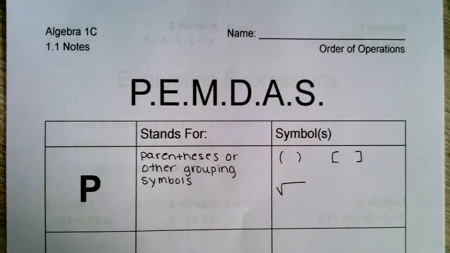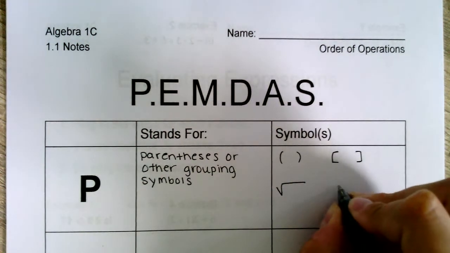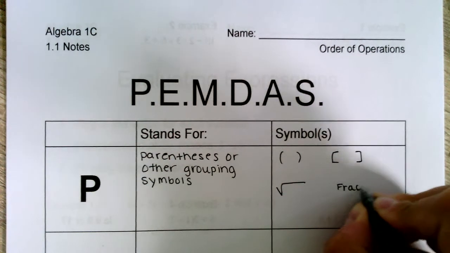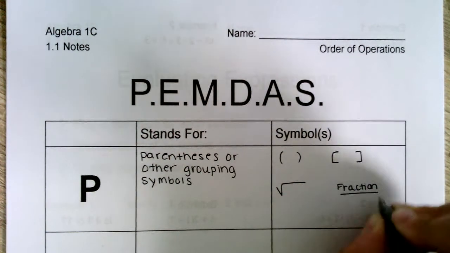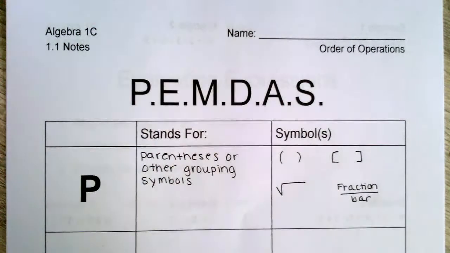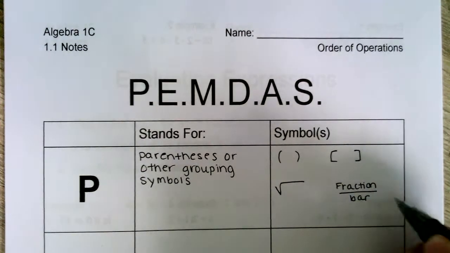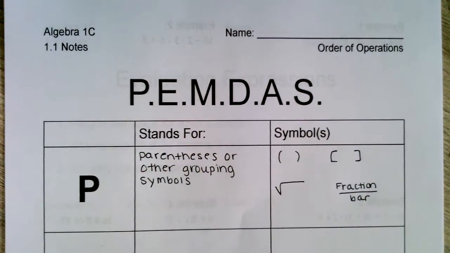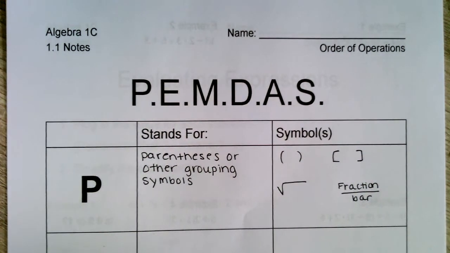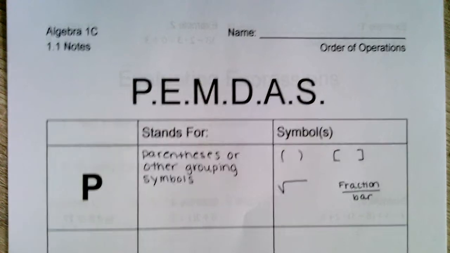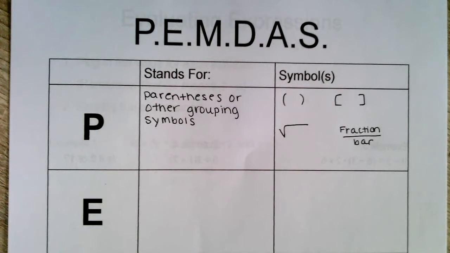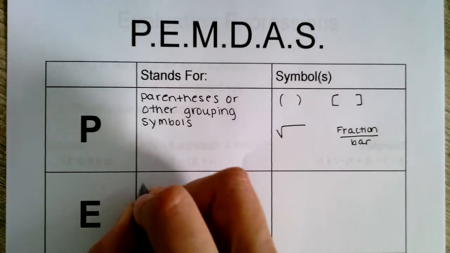That is also a grouping symbol, or also when you have a fraction. A fraction bar is also going to count as a grouping symbol. Whatever's on the top needs to be grouped, and whatever's on the bottom needs to be grouped and simplified before you can do anything else with that fraction, since we know that fractions also represent division. So that's the P.